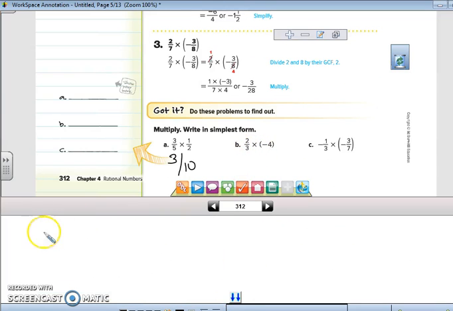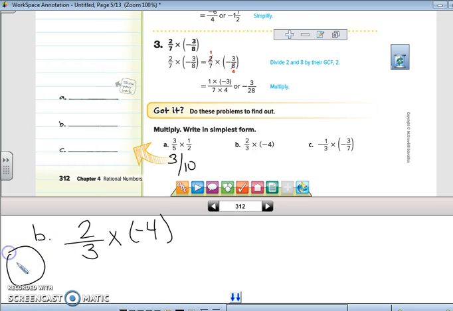On this one, I'm going to work it out down here. So we had 2/3 times -4. So first, my rule is I have a positive negative, so it's going to be a negative. And then second, just like the example above that we just did, this is a whole number. So you should have drew a fraction bar with a 1 underneath to change it to a fraction.